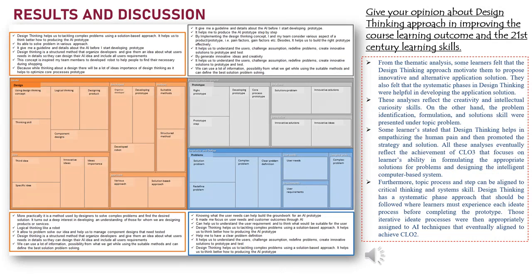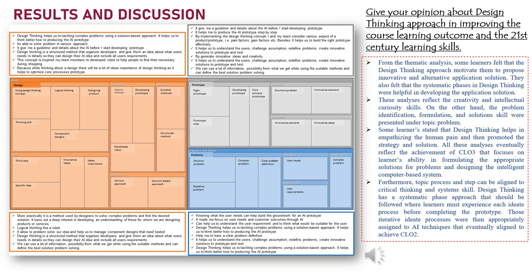On the other hand, from the thematic analysis, some learners felt that the design thinking approach motivated them to propose innovative and alternative application solutions. They also felt that the systematic phases in design thinking were helpful in developing the application solution. This analysis reflects the creativity and intellectual curiosity skills.